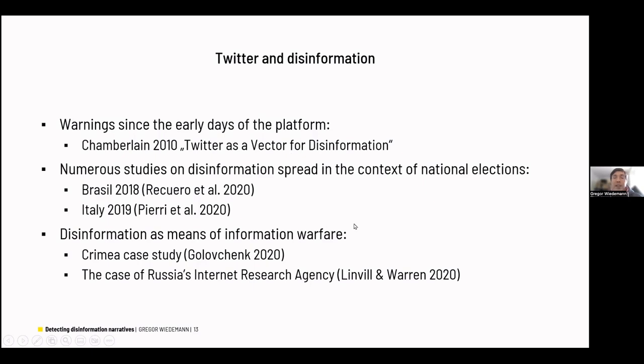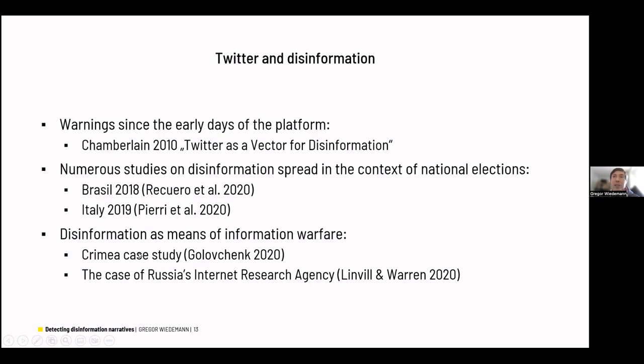Since 2010, there have been numerous studies on the spread and the context of disinformation in the context of national elections. To name only two examples, there is a study of the influence of disinformation in Brazil 2018 or Italy 2019. And we also have very specific case studies, for instance, disinformation about the taking of Crimea by the Russians in 2014.